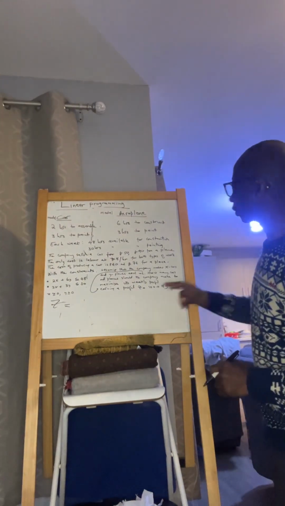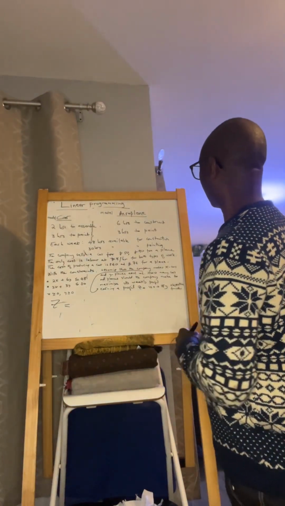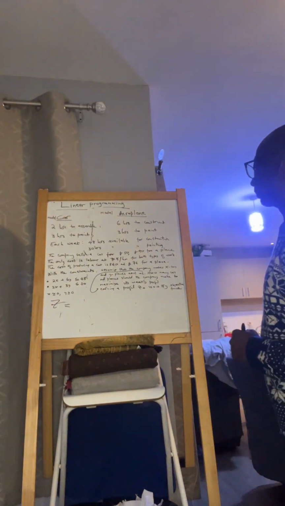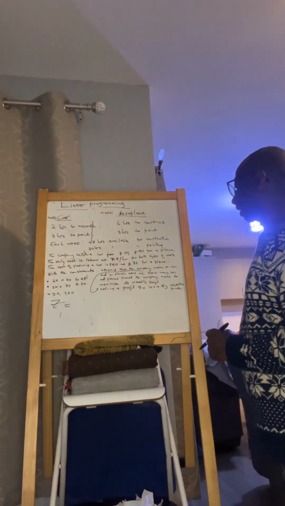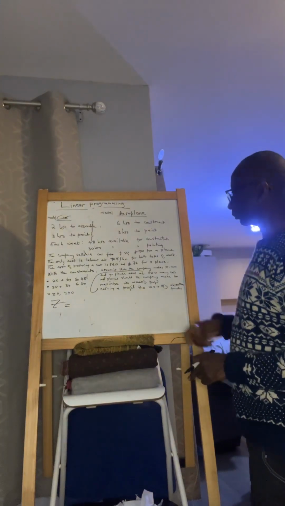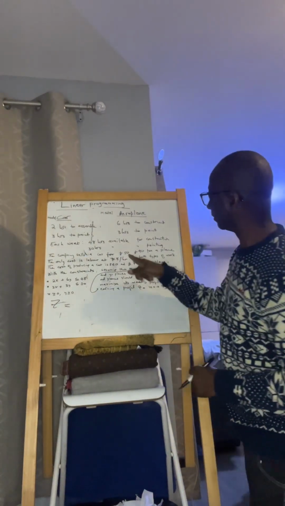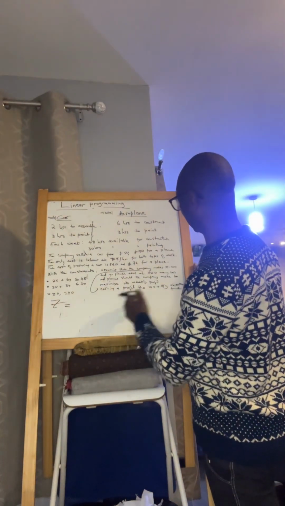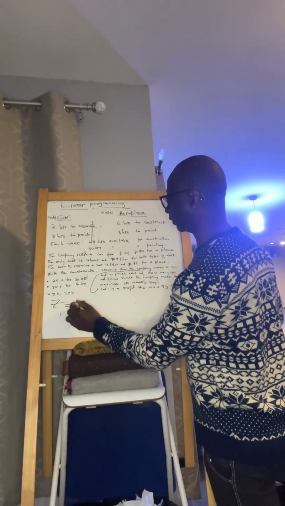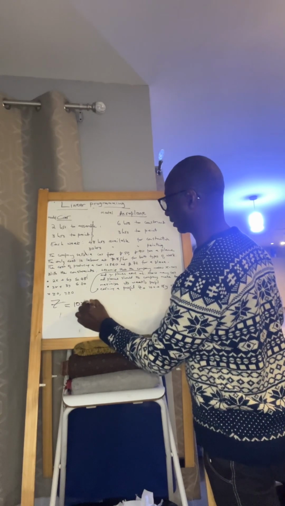Okay? So now, we say, let the company make X cars and Y aeroplanes. Because they are making a profit of £10 for the cars, it's going to be 10x.